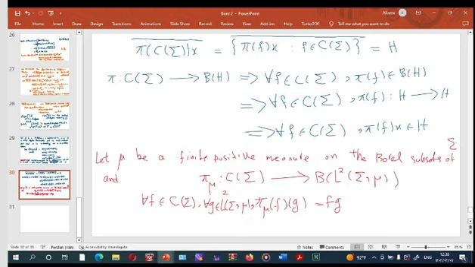And it is very clear that this is a representation.